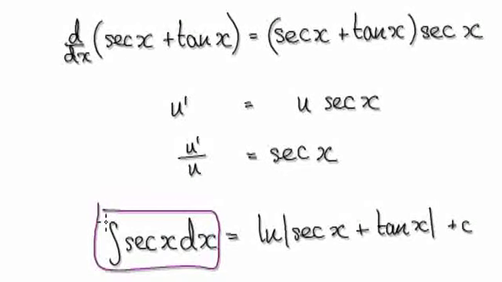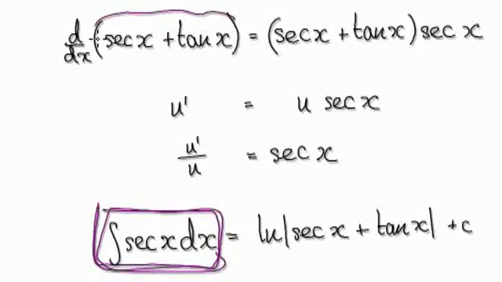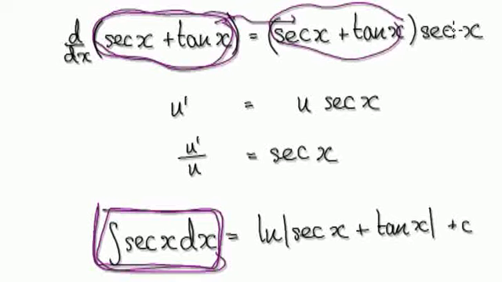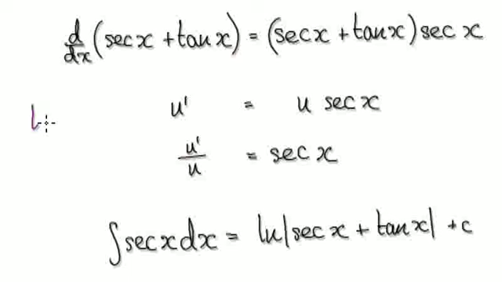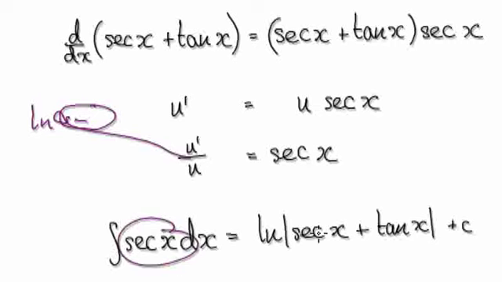The trick is to realize that when you differentiate this, it will be its exact same self times secant. So divide this by this, and you have a derivative over the original thing. When you integrate this, it will give you this thing here.